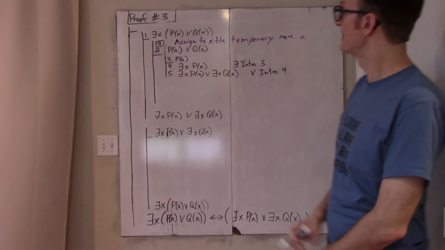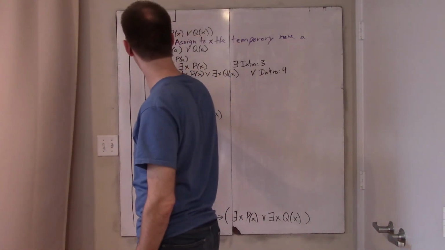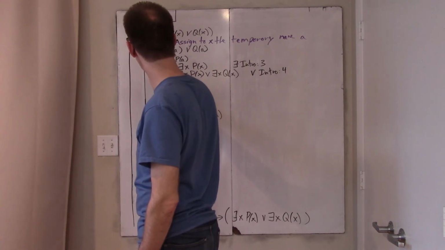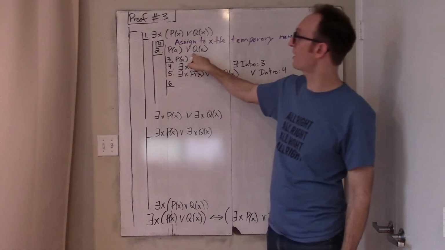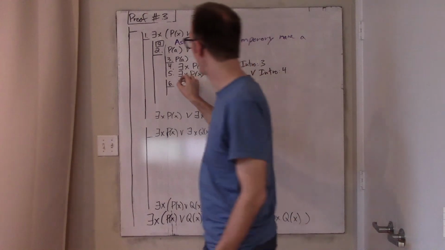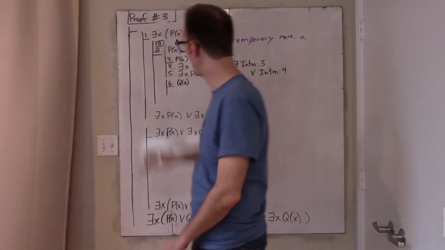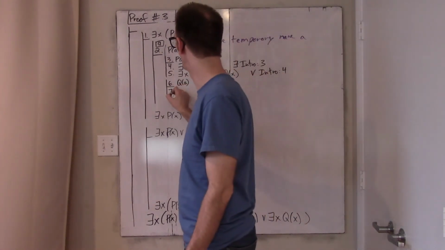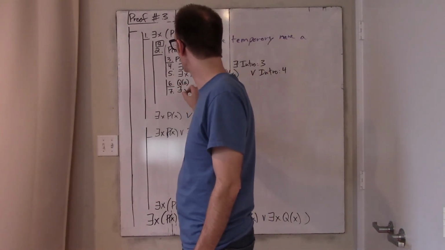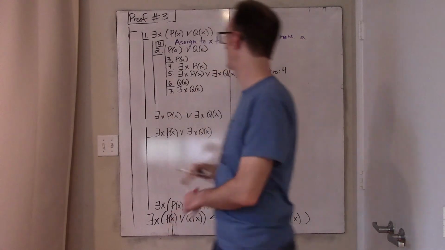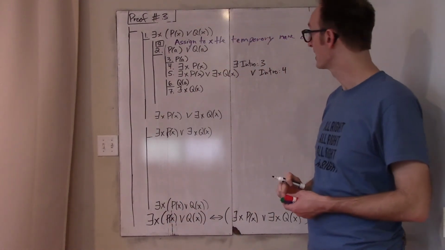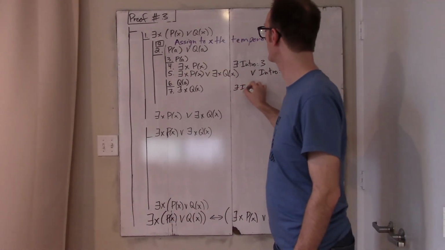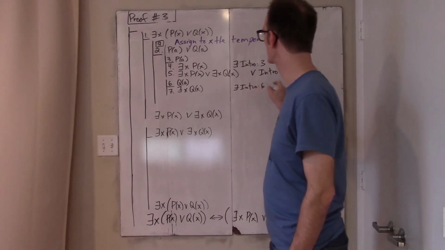And now I do it again: I suppose the other disjunct in line 2, that A had property Q. Well, if A had property Q, then certainly there exists someone with property Q. This is an existential introduction, line 6.